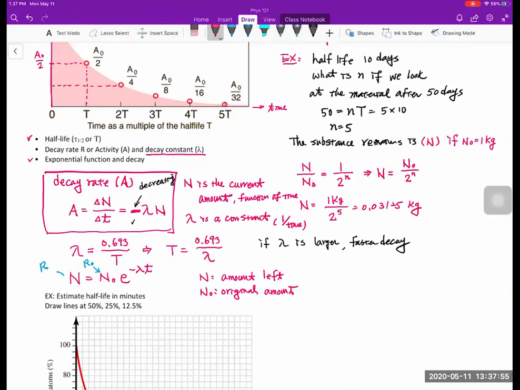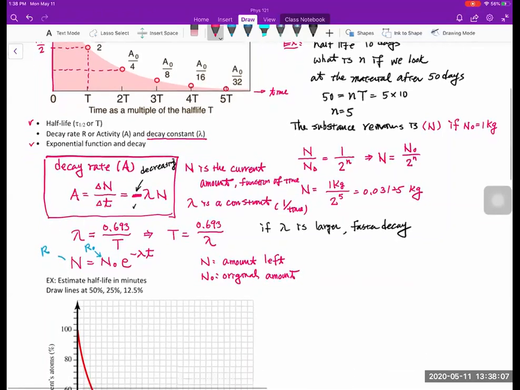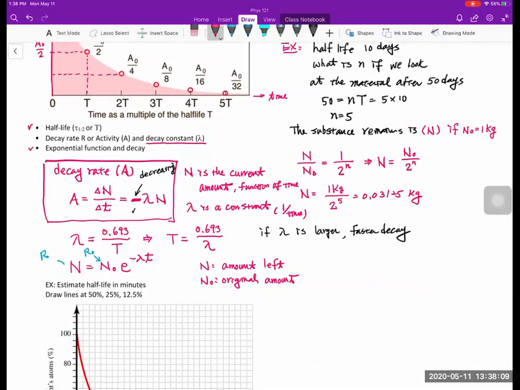Again, the amount could be the mass, or the number of particles. It all represents the same thing. Okay, do you guys have a calculator? Be able to calculate this one here? Make sure that you know how to do this one in your calculator. If you have this problem, you have to know how to enter this to get the result.